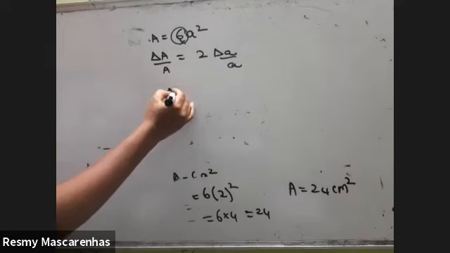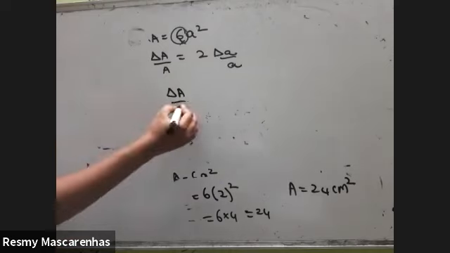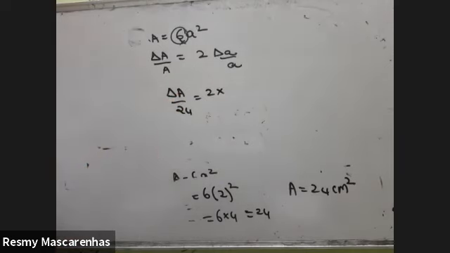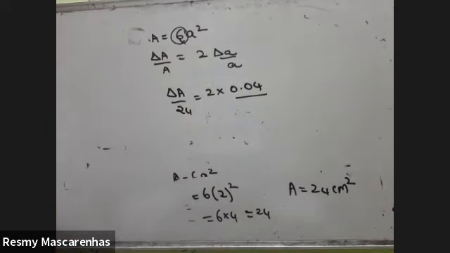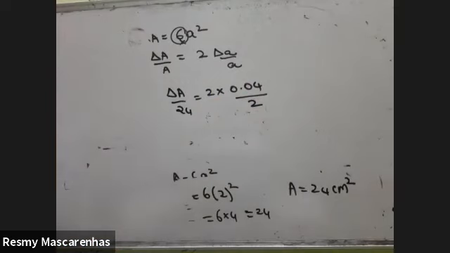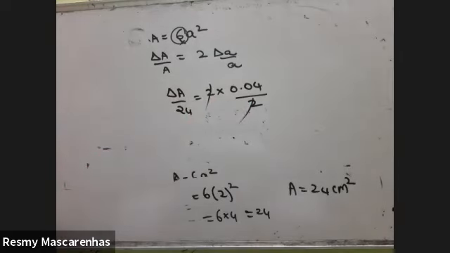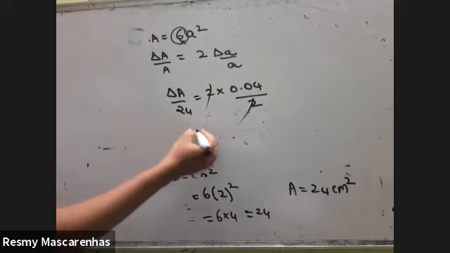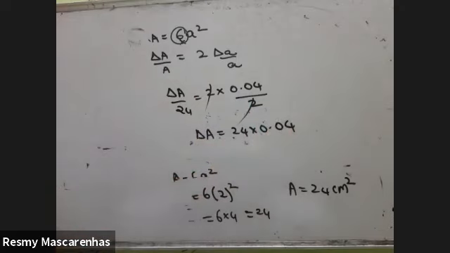So delta A upon A is given to me as 24, 2 into 0.04 upon 2. 2 and 2 will cancel. Now check.